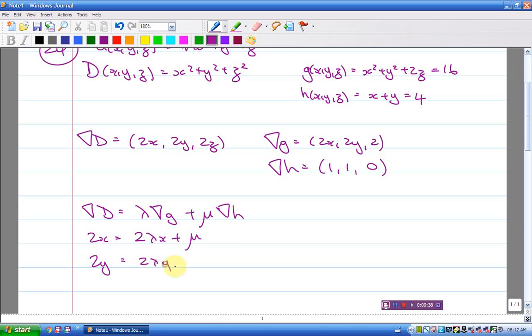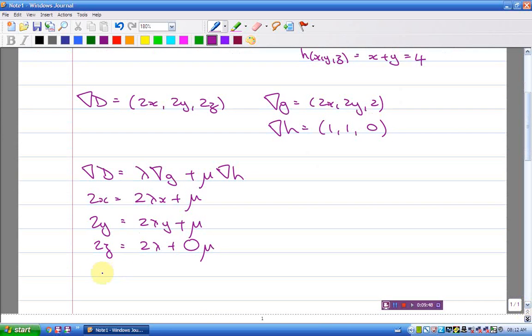2y equals 2 lambda y plus mu, and then 2z equals 2 lambda plus 0 mu. Let me just write that there for completeness. And then, of course, there are my actual constraints themselves, which I've now scrolled past: x squared plus y squared plus 2z equals 16, and x plus y equals 4. I'm going to number these equations.